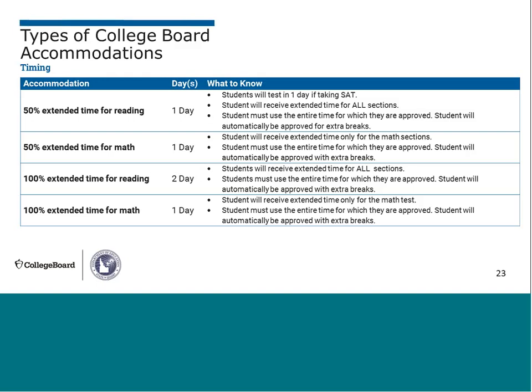But in any case, students must use the entire time for which they are approved. You will also notice that with each of these, students are going to automatically be approved for extra breaks. So if you are requesting extended time, they will automatically get extra breaks as a part of that request. You do not necessarily need to submit it separately.